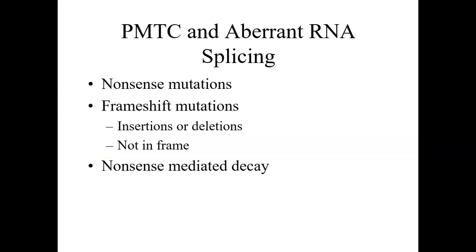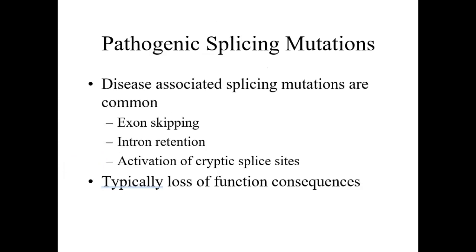So you can also have other situations where sometimes in the construction of mRNA, you can have exon skipping or intron retention, which are two opposite things. Exon skipping is where you have a protein coding part of the mRNA that somehow gets skipped, it gets spliced out.